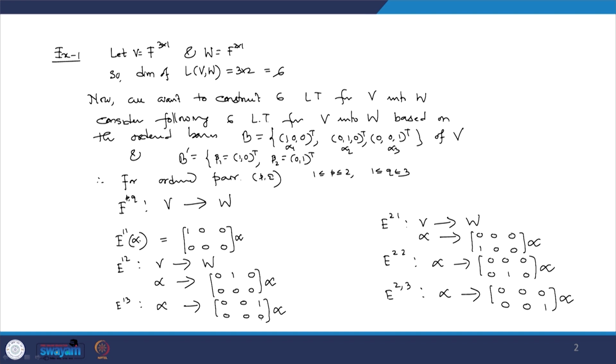So, it has to be that E11 operating on alpha 1 is equal to beta 1. Let me check, E11 operating on alpha 1 is equal to how much? It is equal to [1 0 0; 0 0 0] times (1 0 0), so this is equal to simply (1 0), which means beta 1.